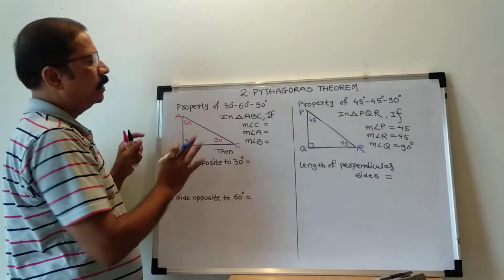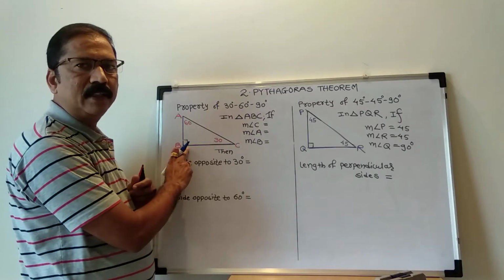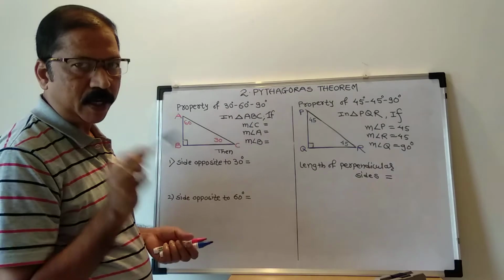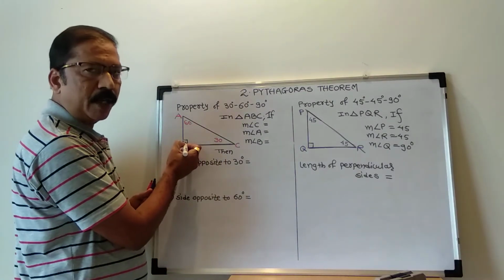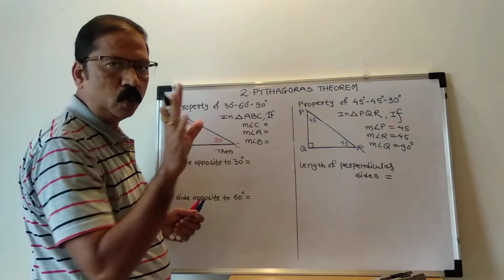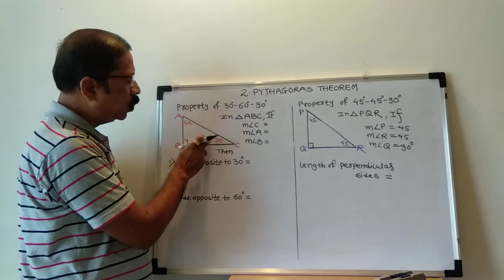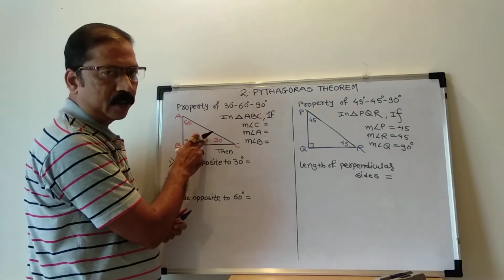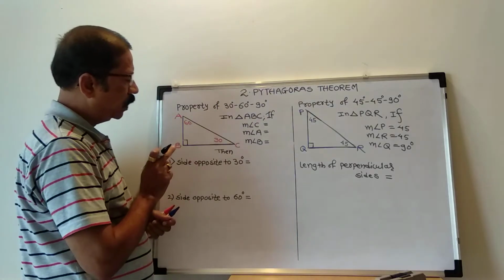In any right angle triangle, as you know, minimum one angle should be 90 degree, that I explained last time. And you know, sum of all three angles is equal to 180 degree. If one angle is 90 degree, the remaining two angles are automatically less than 90 degree. 90 plus 90 is 180.